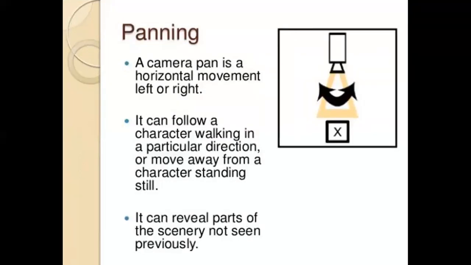Now, next is the panning. Panning camera movement is that kind of movement where the camera pivots left or right. You can also see the diagram here. On a horizontal axis, while its base remains in a fixed location.